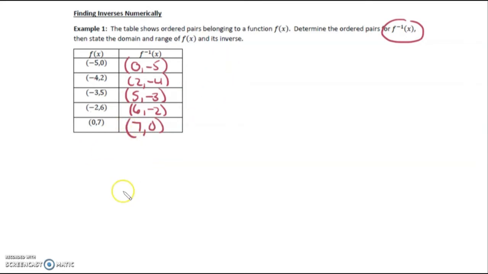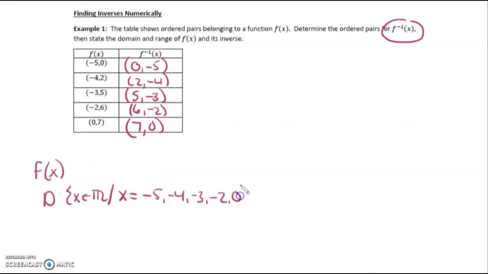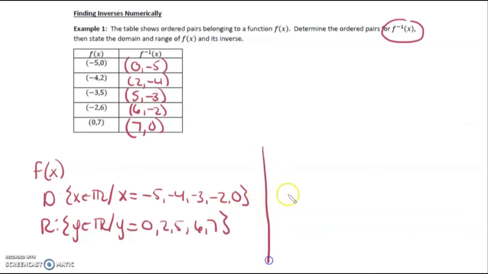Okay, so domain and range, I'm going to put them down here. For f at x, the domain, because this is discrete, we're just going to list the numbers: -5, -4, -3, -2, and then I have a 0. And the range, again, list the numbers because it's discrete: 0, 2, 5, 6, 7. Now, what about f inverse at x?